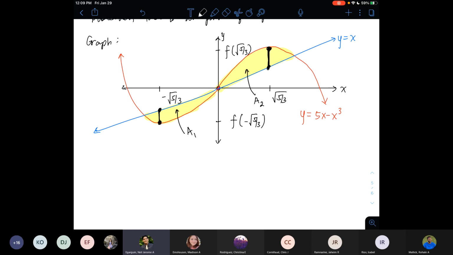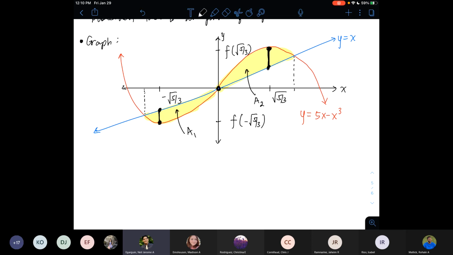And then another thing is that we need the bounds for x. When does the region start and when does it end? So it will start here, right? And it will end over here. But again, we need to split the integral somewhere here in the middle, right? So we need to look for the points of intersection of the two graphs to find those important points.